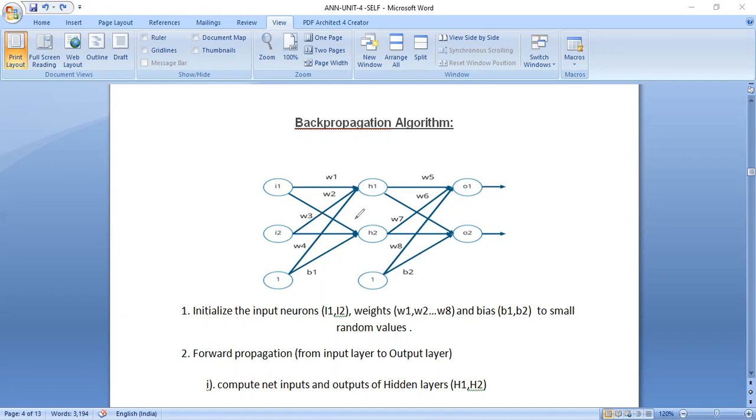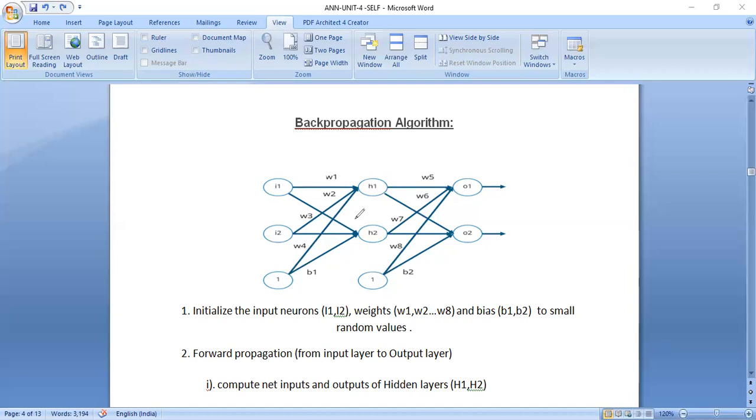If the error function value is maximum, then we try to reduce the maximum value to the minimum value by applying the delta rule, or you may call it the gradient descent algorithm rule.